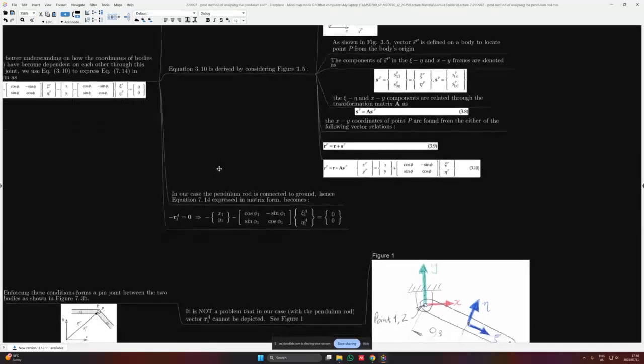Now, in our case, the pendulum rod is connected to ground. Hence, equation 7.14 expressed in matrix form becomes this: minus R1A, which is equal to 0.